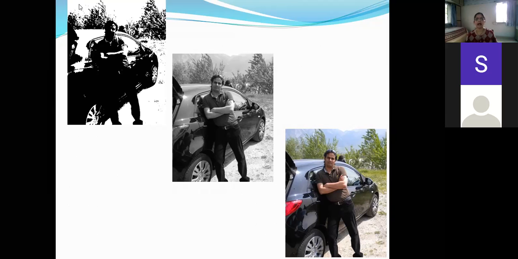Wherever there is black, its value is 0. So the pixels corresponding to the black area take the value 0, and the pixels in the white area take the value 1. So for binary images, we are using only 1 bit per pixel.